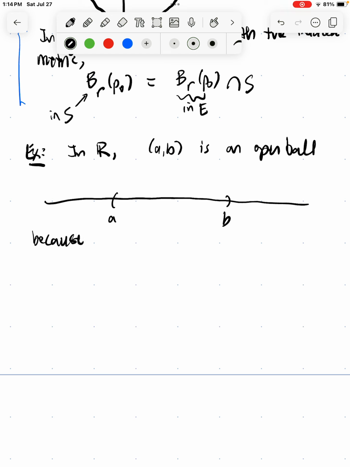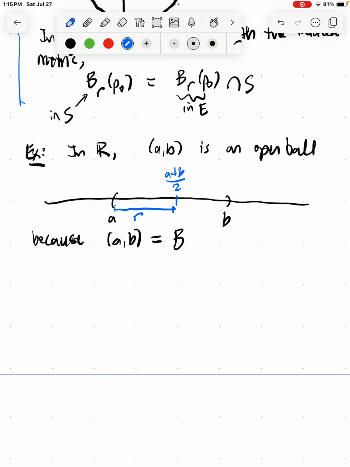Well, it's an open ball because AB is equal to the ball of what radius? If you take the midpoint, this is going to be A plus B over 2, and then R is this distance.